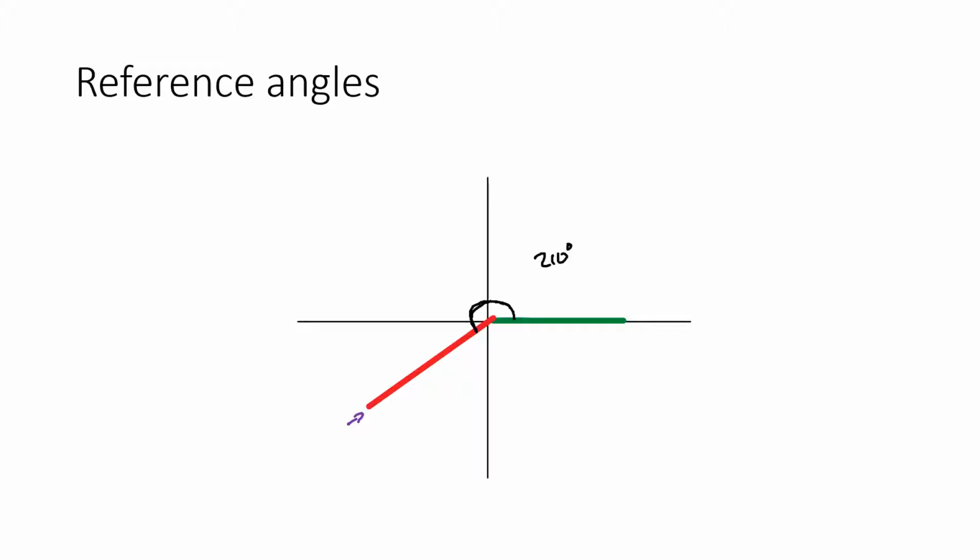So that's basically this angle here would be our reference angle. We know that from here to here, we would have gone 180 plus another 30 to make 210. So just this piece here would give us 30 degrees for our reference angle.